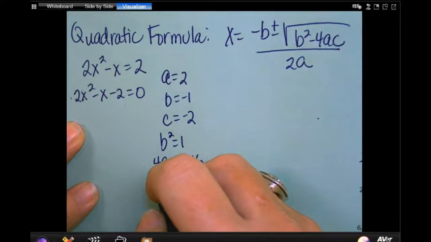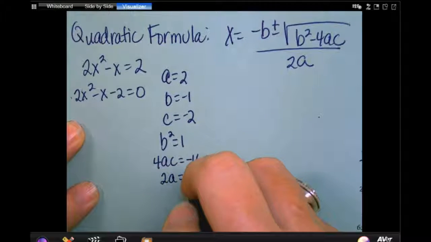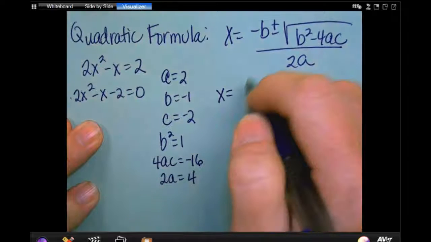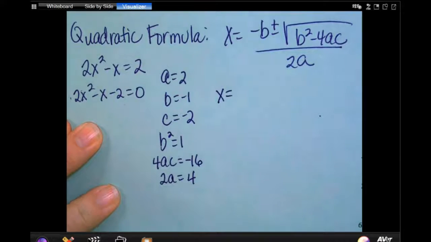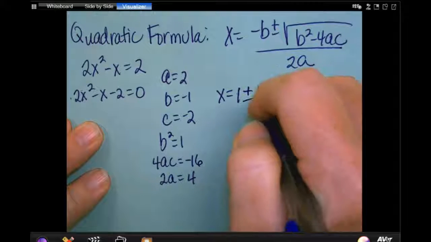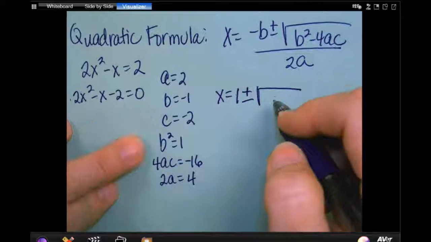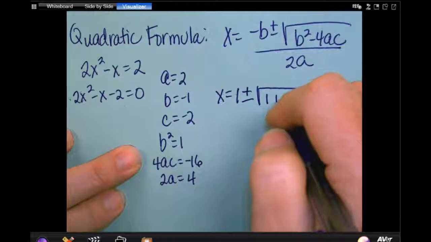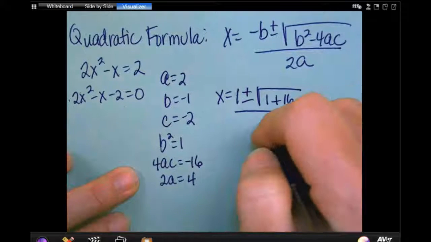Whew. And 2a gives me 4. So when I fill this in, it's a negative b, so minus a minus 1 is 1, plus or minus the square root of b squared is 1, minus a negative 16 gives me plus, all over 4.